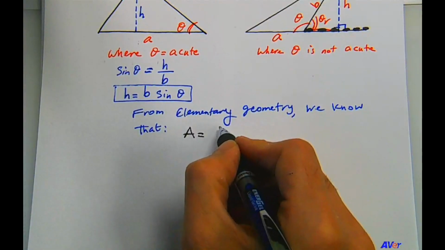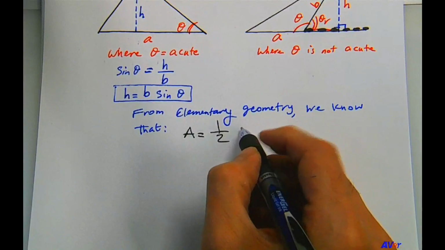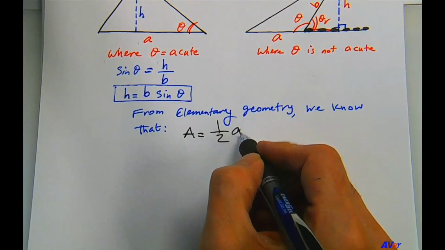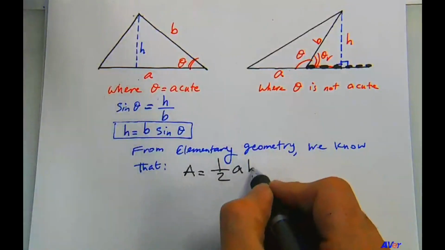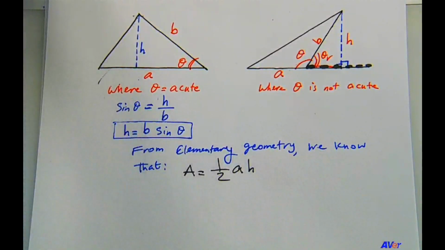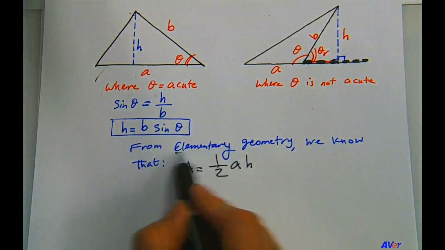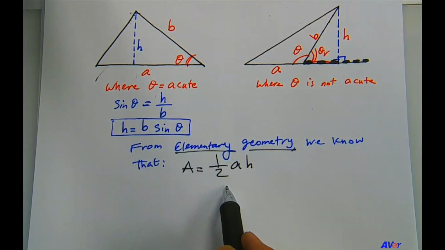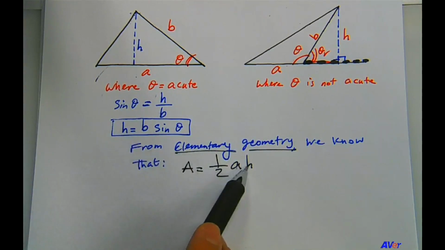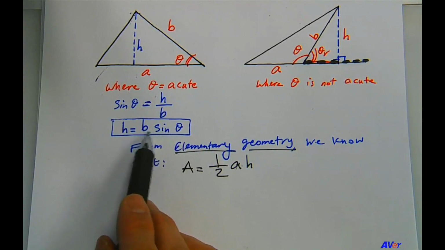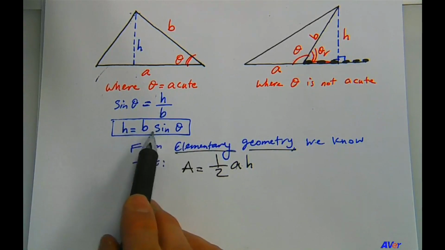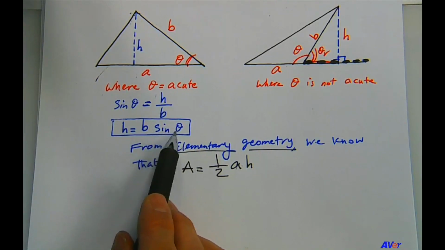that the area of any triangle is half times the base times the height, according to this graph, right? That's from elementary geometry. So now, instead of h, replace h according to this trigonometric relationship between the height and the sine of theta.